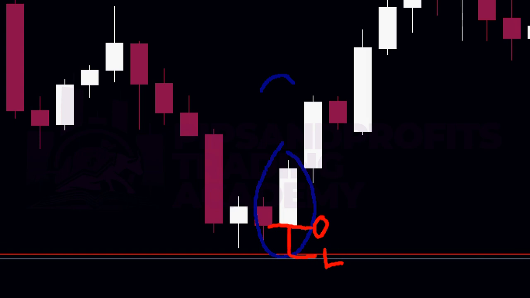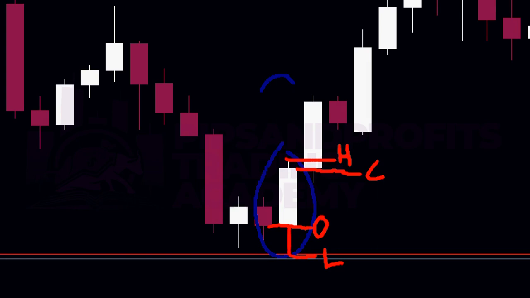And then it went up and made a high. And after the high, it now gives us a close. Okay? So this particular candlestick you see over here is a bullish candlestick.